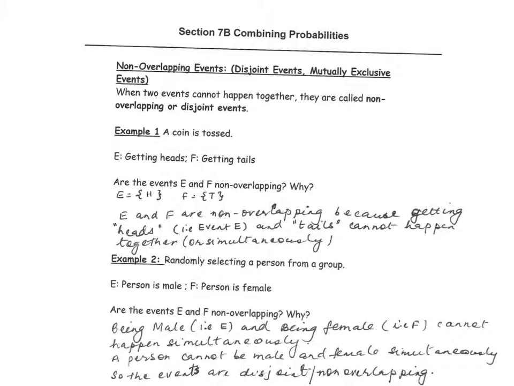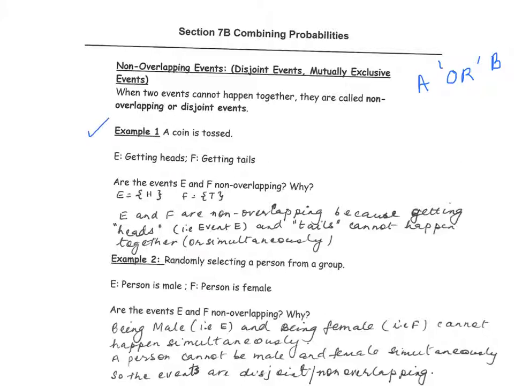In the previous slide, we defined independent events and dependent events. We used the idea of independent events and dependent events when we defined the AND rule. Now we're going to define the OR rule in a minute, but in order to apply the OR rule, that is combining events A and B using the word OR and figuring out the probability, we'd first have to know if the events A and B are non-overlapping or disjoint events.